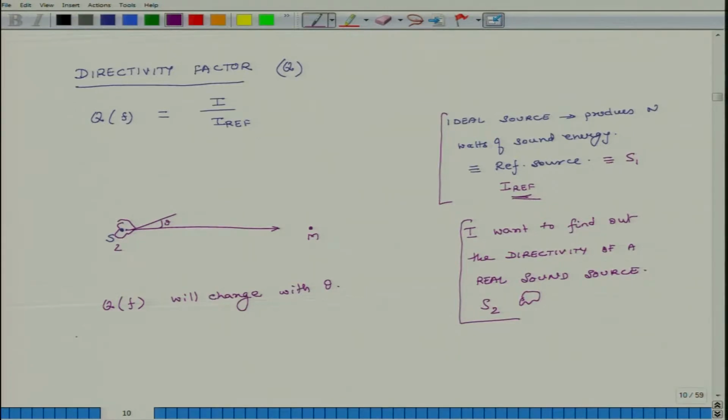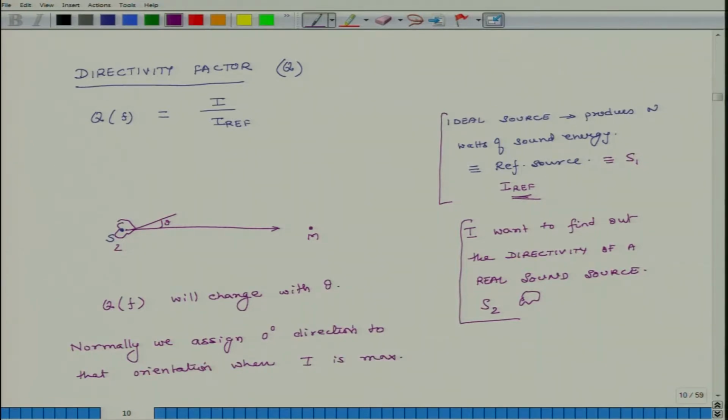But normally we assign 0 degree direction to that orientation when I is maximum. Normally we do that.